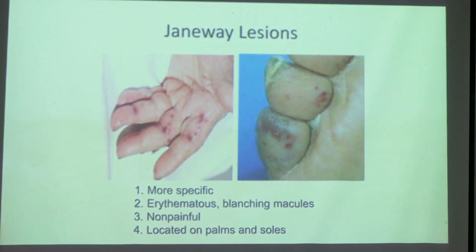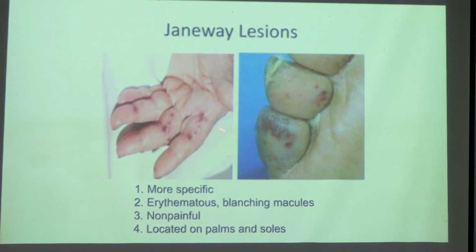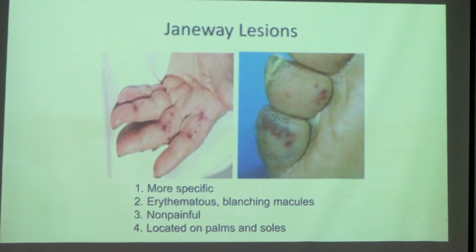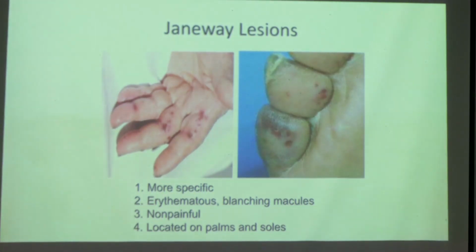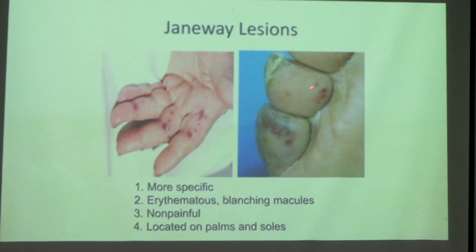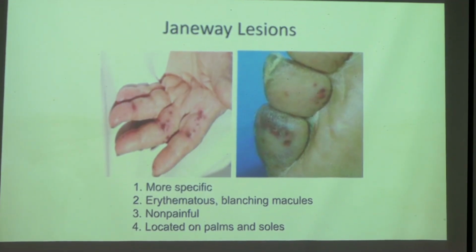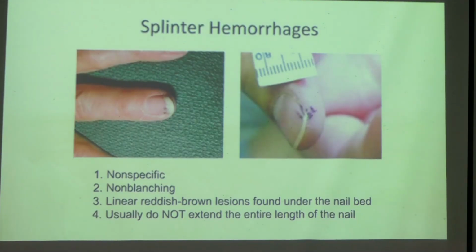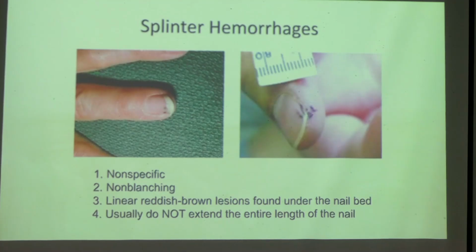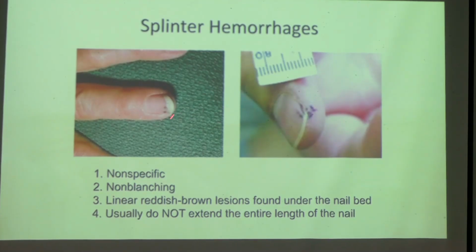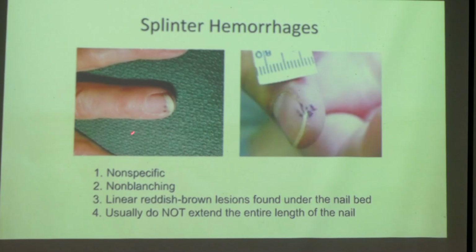So you can see this is a Janeway lesion. These are erythematous, non-painful lesions on the palms and the soles. You can see these are erythematous lesions. The second manifestation is splinter hemorrhages. Splinter hemorrhages are seen in the nail bed. Generally they are not painful.